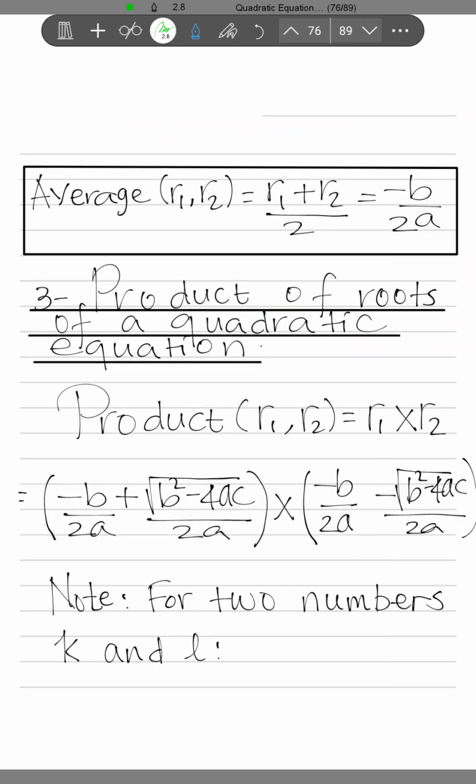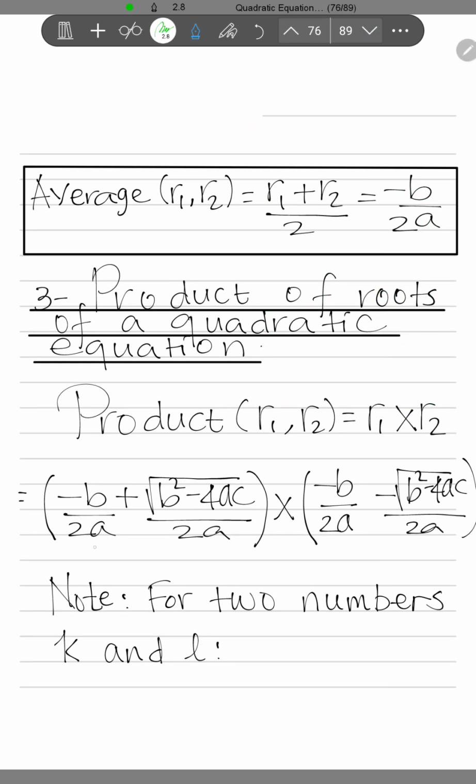The third characteristic of the roots of quadratic equations is about the product of the roots. This is an interesting part because we're going to apply the difference of two squares formula to find the product of the roots.